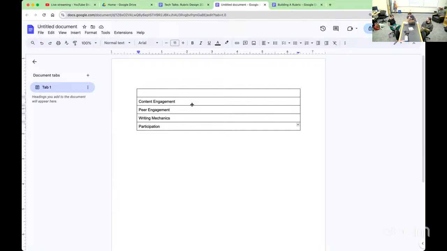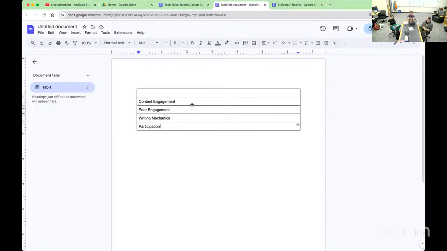Again, 3 to 6 performance levels are most common. Too many performance levels, if you have 10 of them, then again, you're missing out on both the efficiency but also the reliability. The literature has also said that it can be best to have more performance levels for formative assessments.